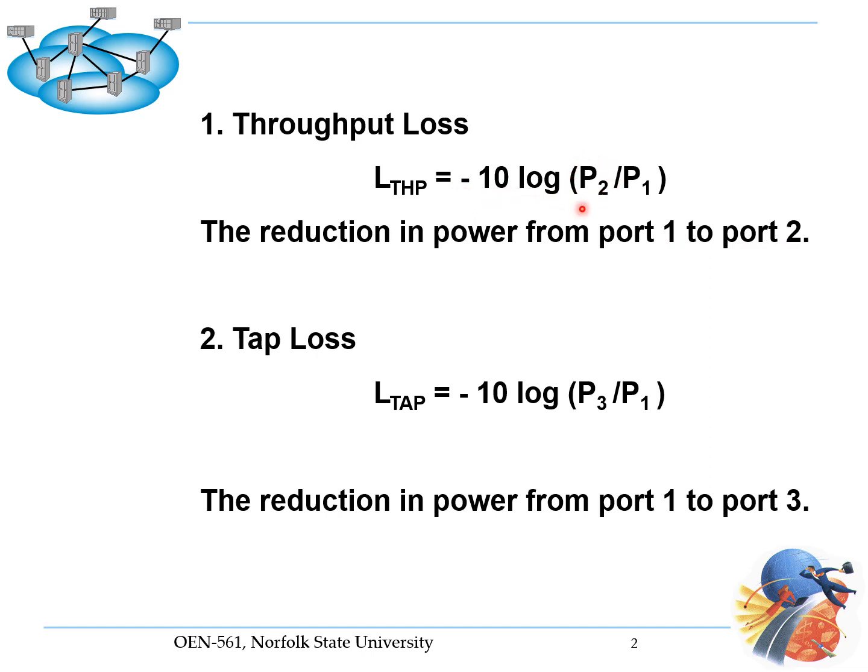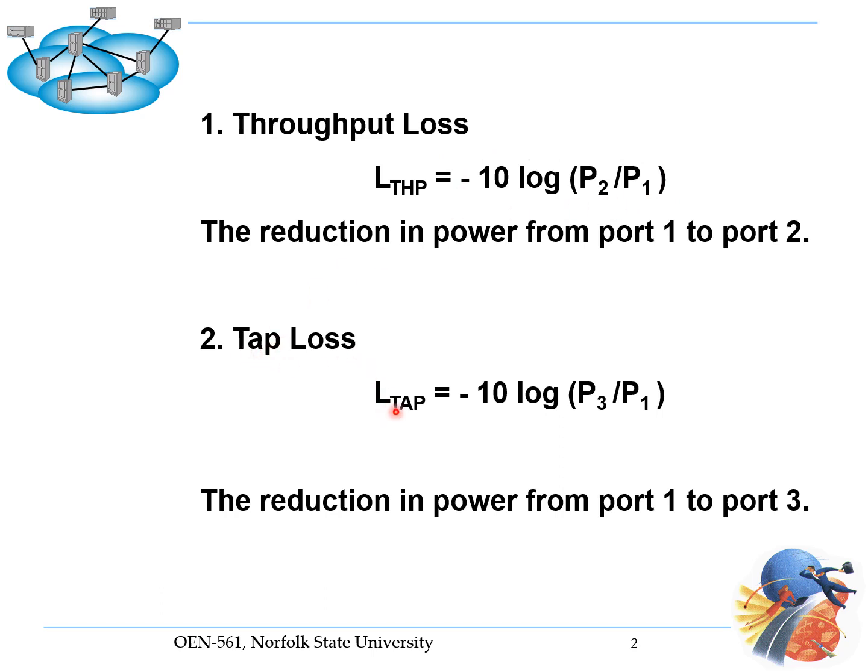So if P2 is smaller than P1 and this ratio is smaller than 1, that expression 10 times log is less than 0, but sign minus will bring it up. So for throughput loss, the answer normally will be positive, but it will be actually a loss. So P2 will be less than P1.